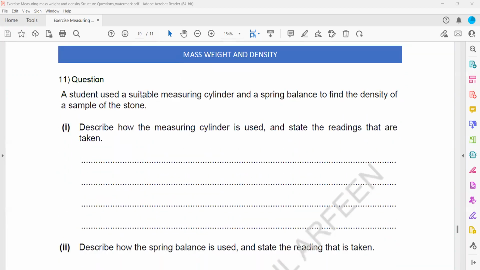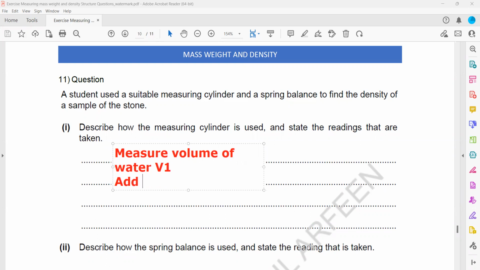Question 11: a student uses a suitable measuring cylinder and a spring balance to find the density of a sample of stone. Describe how the measuring cylinder is used and state the readings that are taken. We'll measure the volume of water first, that is V1.